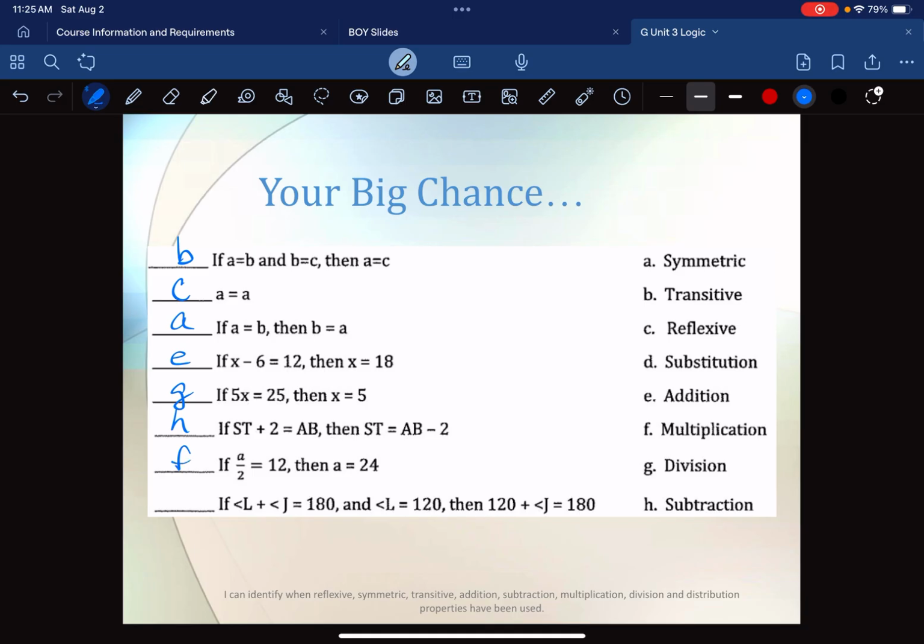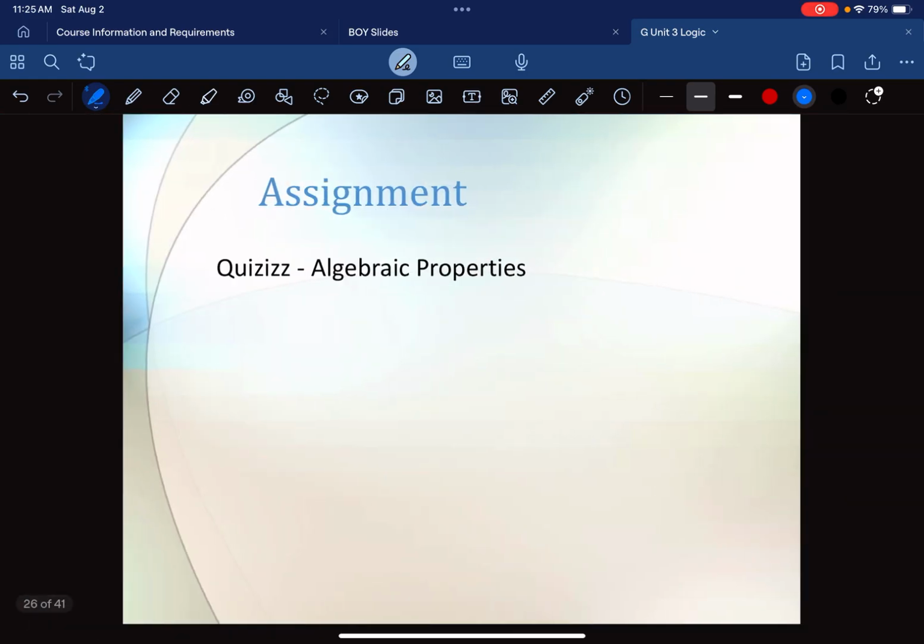And if angle L plus angle J equals 180 and L equals 120, then 120 plus J equals 180. They've taken this value and substituted it in right there. That's D, substitution. Hopefully you got those right. I think there's a quiz that you can do, that'll help you practice these, all right?